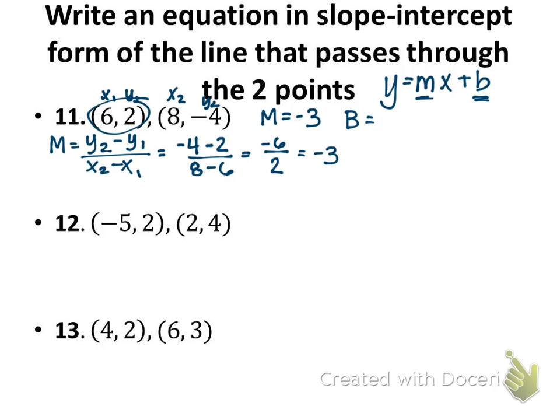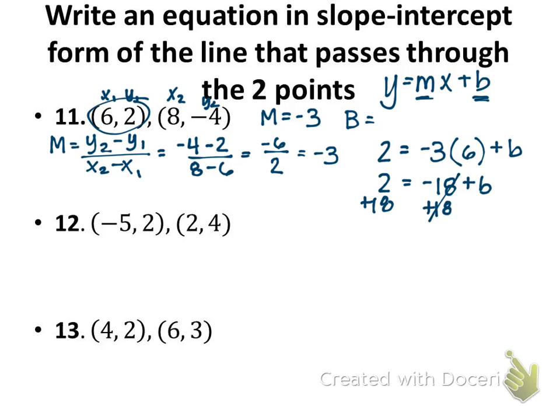Which one is y? 2. So I'm going to have 2 equals, what's my m? -3. What's my x? 6 plus b. 2 equals -18. We just multiply. And then what do I do to get b all alone? Add 18. And what does b equal? 20.